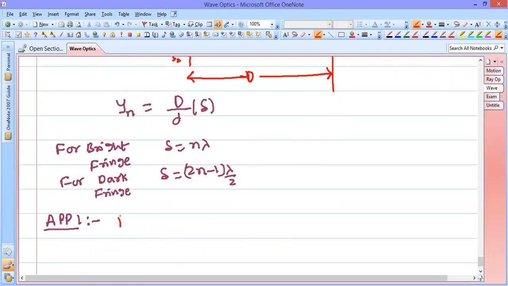Now, my first application: find the fringe width between any two bright fringes.